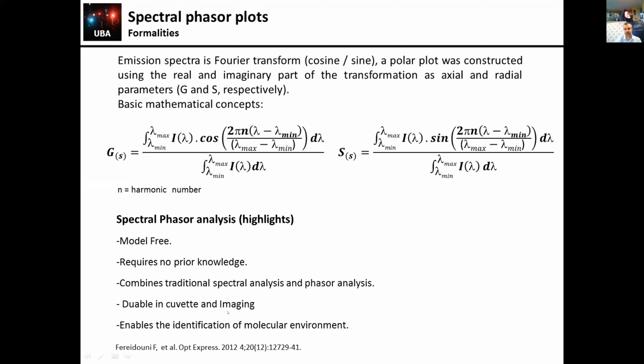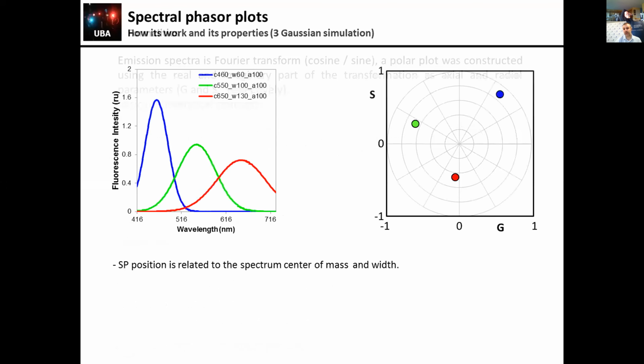And this application is very, very important when we use environmentally sensitive probes. This method was originally described by Fereidouni at the Harrison lab, and the main interest in that paper was the demixing. And this is what I will explain now with this simulation that I did.